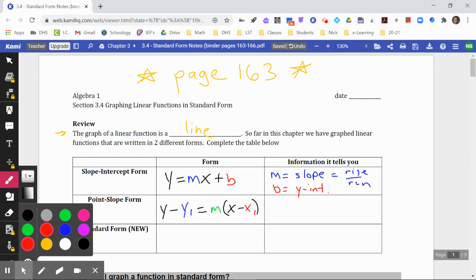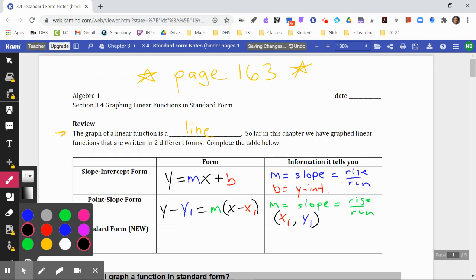In this form, again, we have a slope, our m value, which again is our rise over our run. But here, instead of a y-intercept, we have a point, (x1, y1), and that's a point on the line.